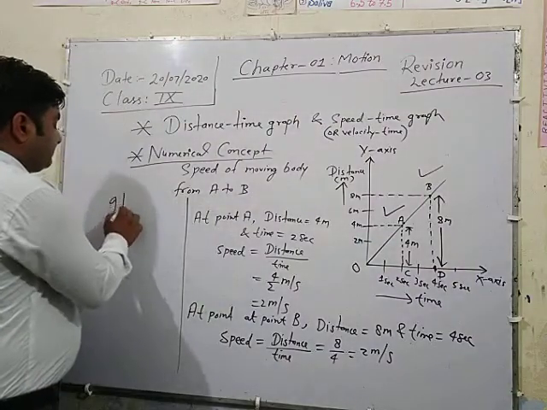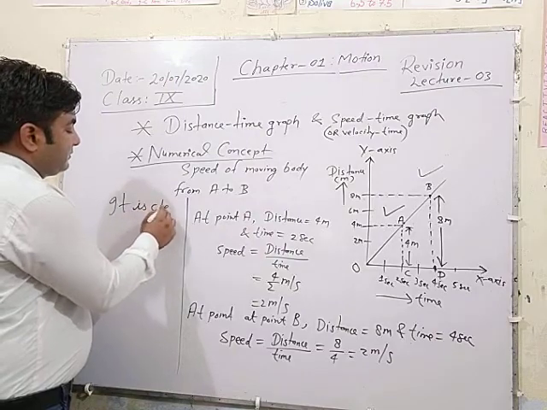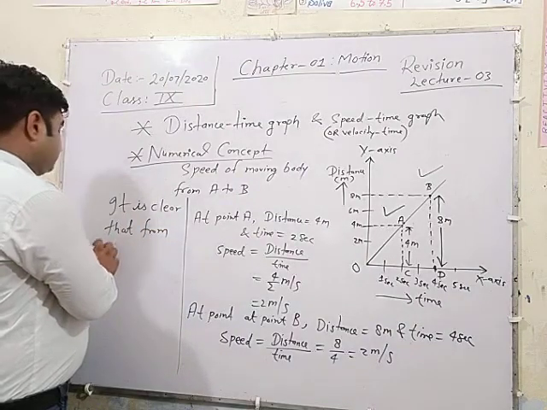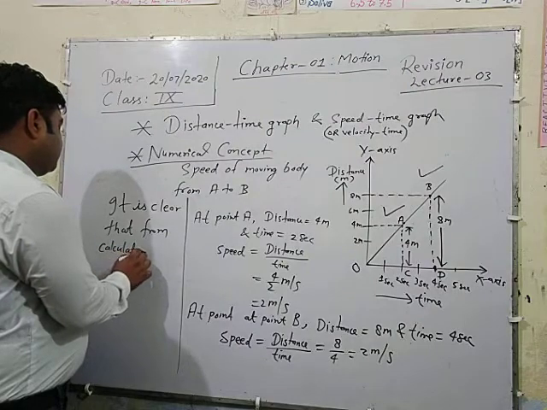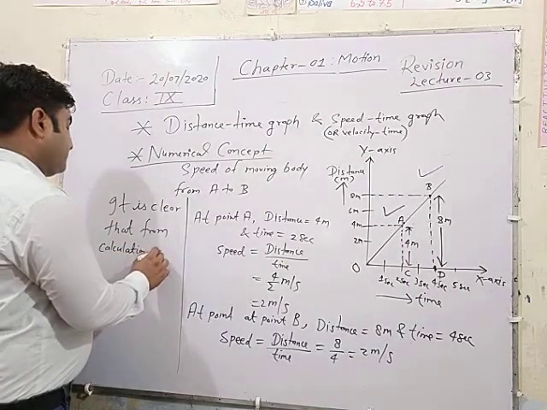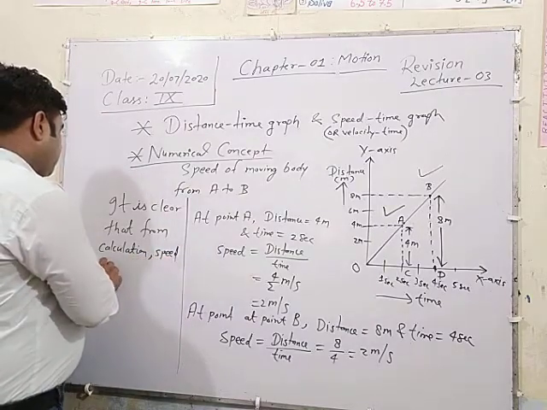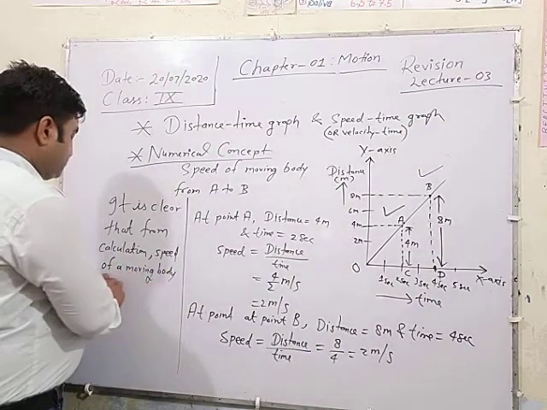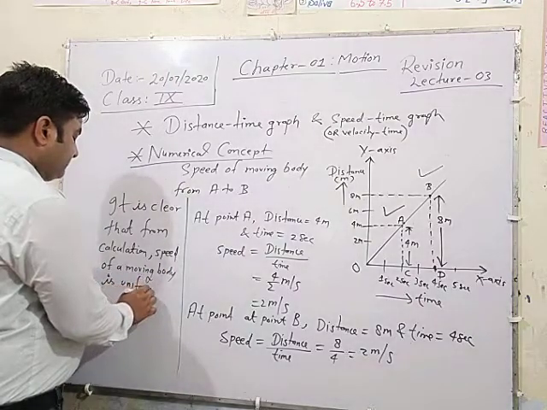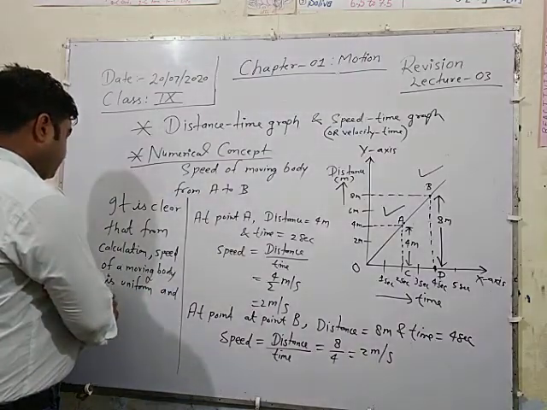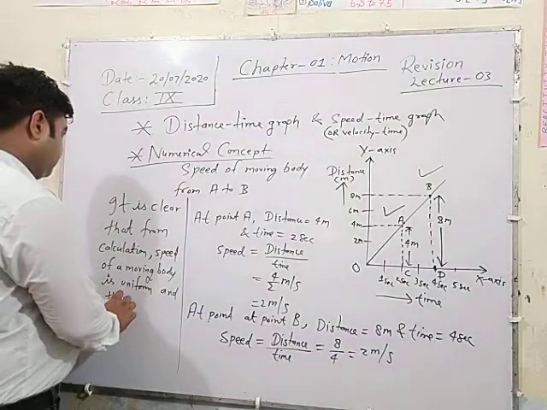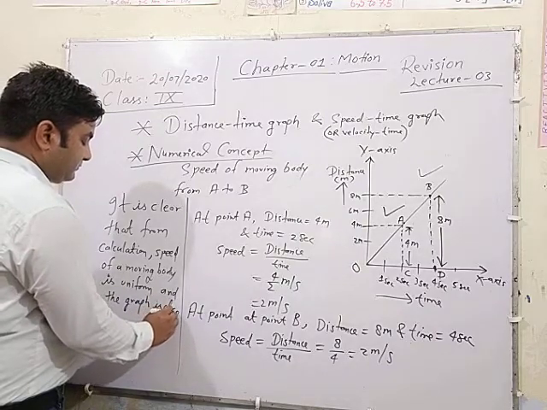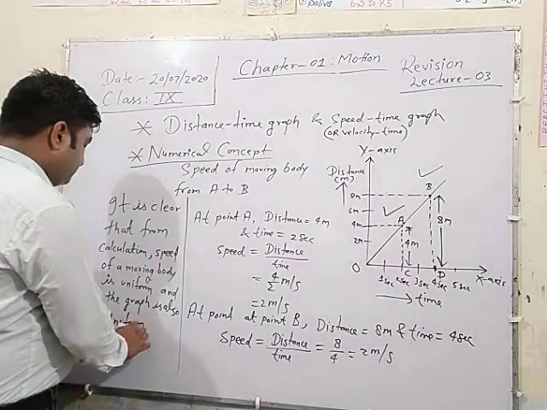It is clear from calculation that the speed of a moving body is uniform, and the graph is also uniform motion.